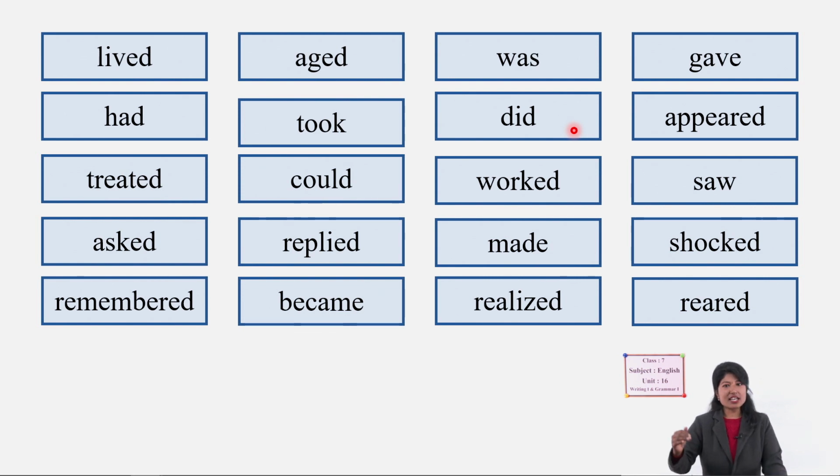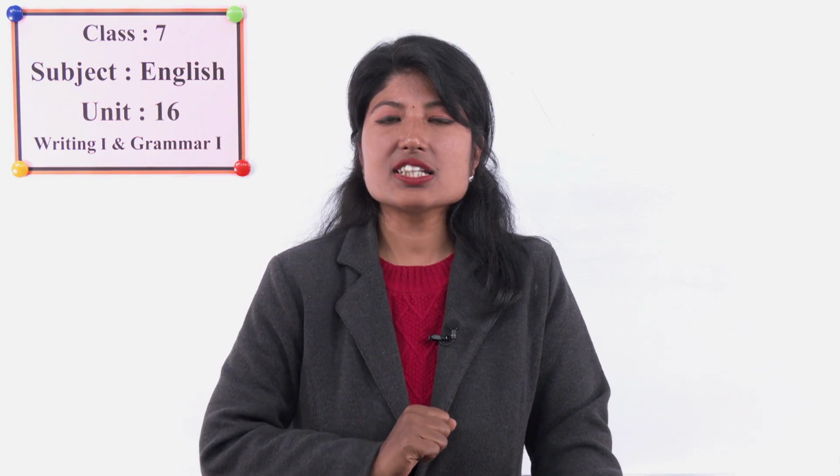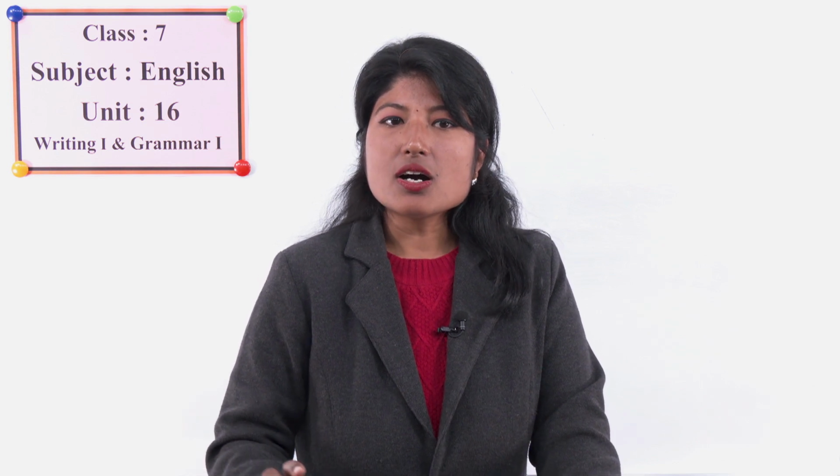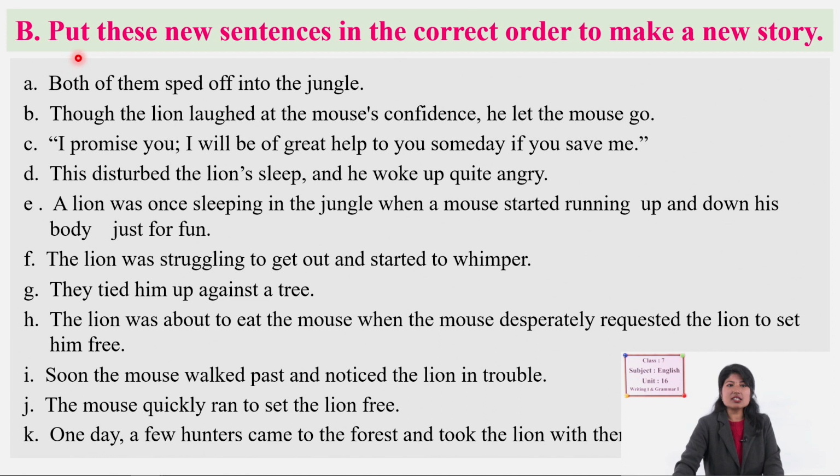Alright, now we are moving to the next activity in the writing section given in your book. Let's check it out. Number B: put these new sentences in the correct order to make a new story.